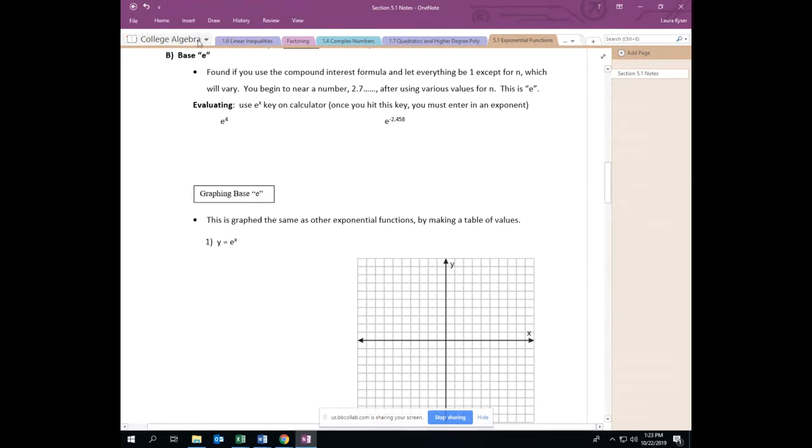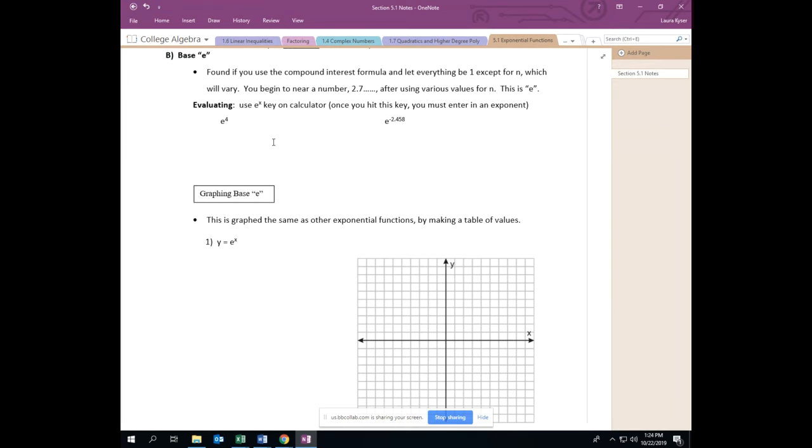So base E functions are functions that have an exponential base of the letter E, which seems weird, but the letter E is just an irrational number like pi is. Pi is 3.1415, it keeps going forever.